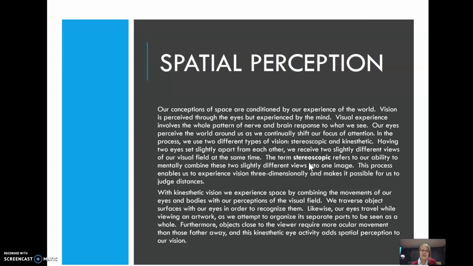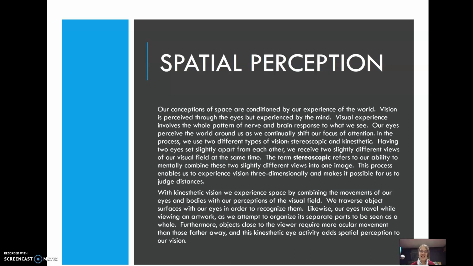So that's what we know as stereoscopic. It refers to our ability to mentally combine these two slightly different views into one image. And this process enables us to experience vision three-dimensionally, and it makes it possible for us to judge distances, okay?